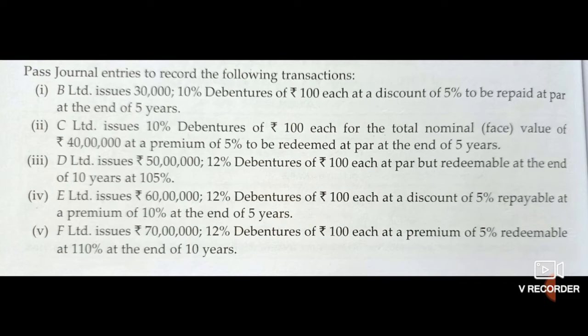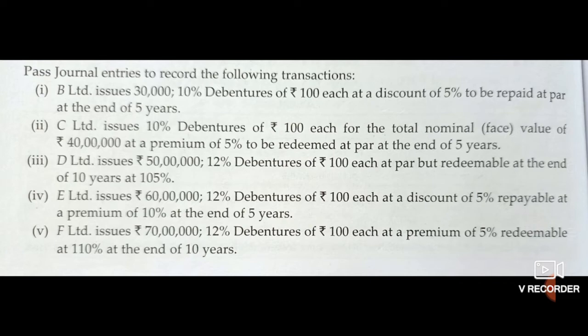And last, fifth, F Limited issues rupees 70 lakhs, that is obviously 70,000 debentures, 12% debentures of rupees 100 each at a premium of 5%, means at rupees 105, redeemable at 110% at the end of 10 years.